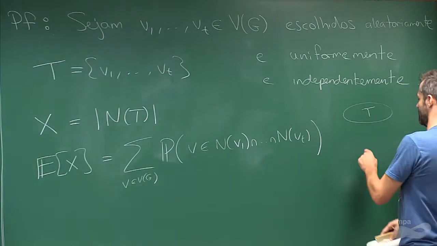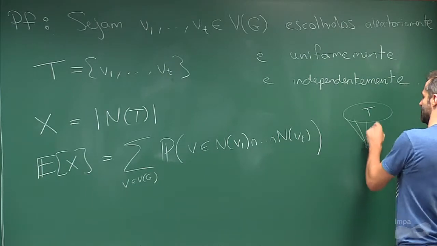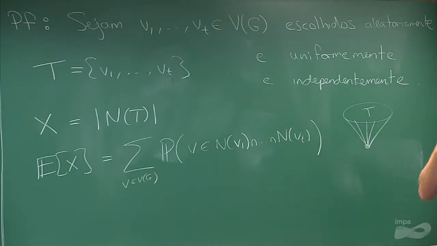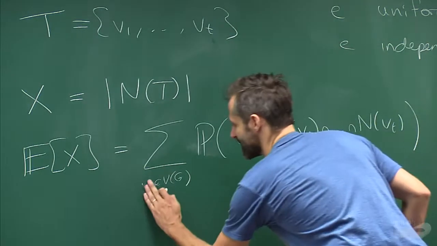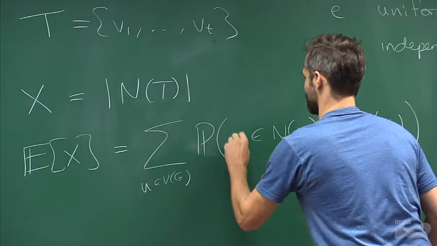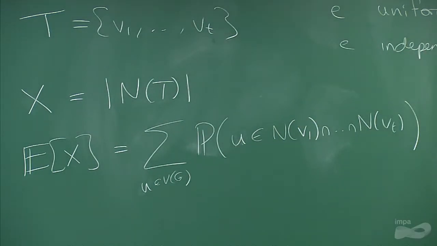So here's v. V has to be in the neighborhood of all of these random vertices. So maybe I'll call it u, just to distinguish from the Vi's. What is that probability?